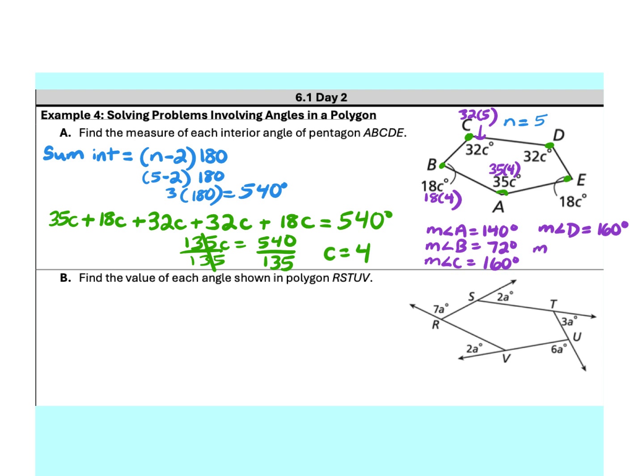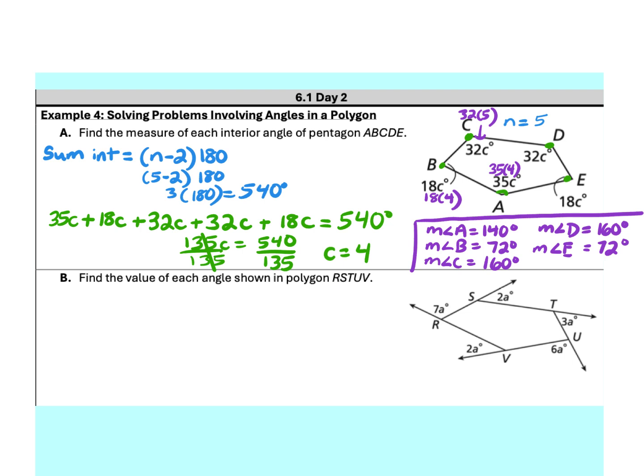We already calculated that when we did angle B. So the measure of angle E is also equal to 72. Now, a way to check that these answers are correct is if we add up all of those angles, you're going to arrive at 540 degrees. The total sum of the interior angles of this pentagon is 540 degrees.